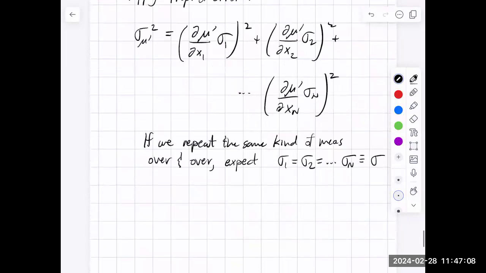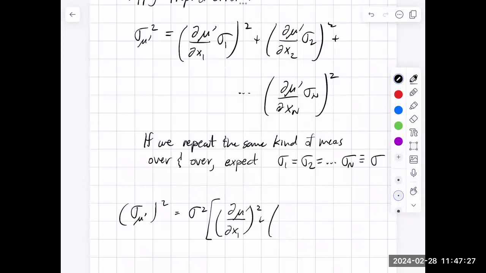So then sigma mu prime squared, the prime is on top of the mu, is going to be equal to sigma squared times all of these derivatives. And there would be n of these terms for our n measurements.